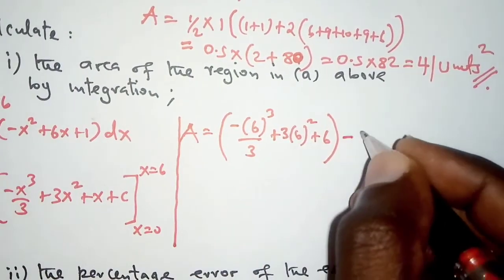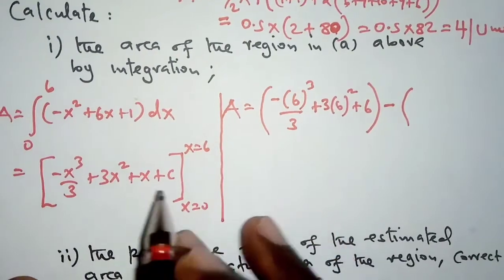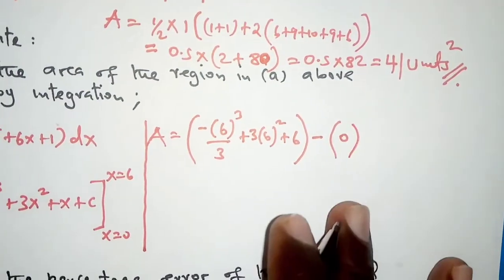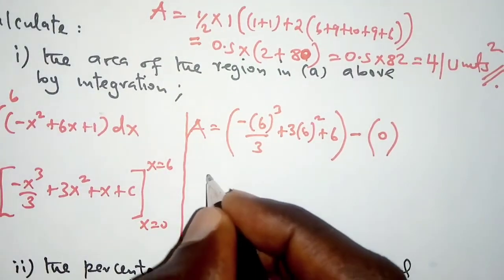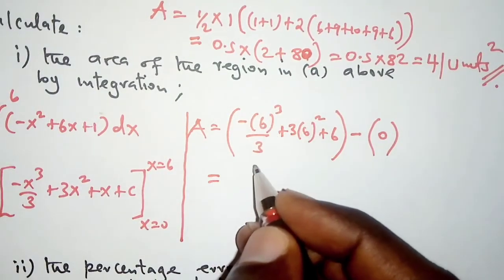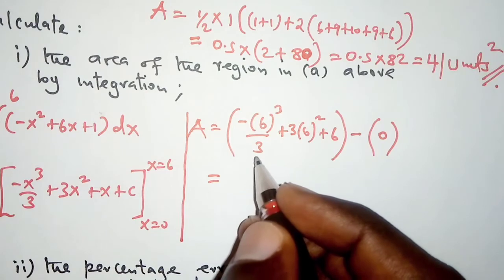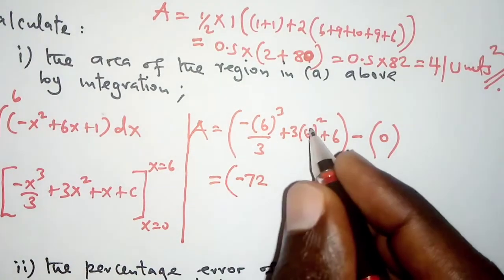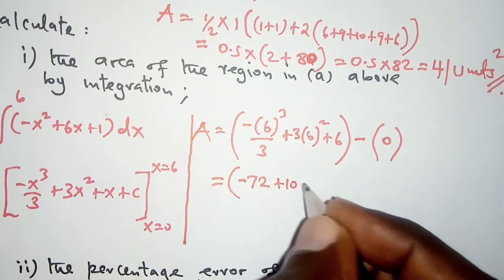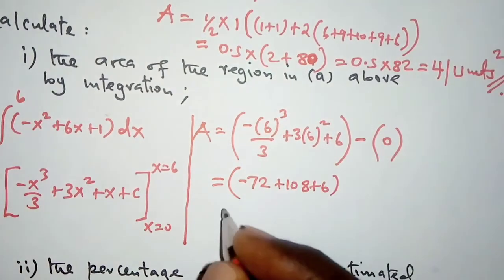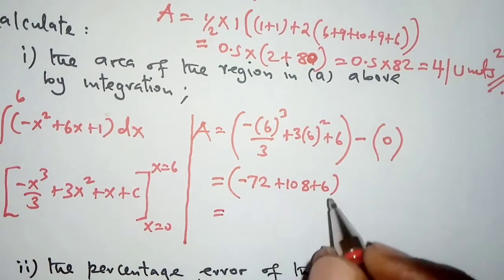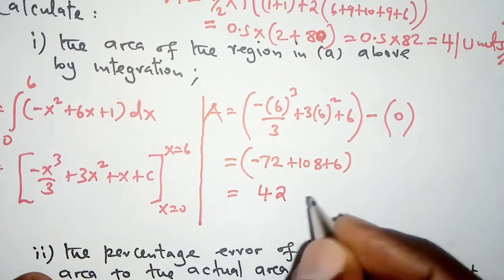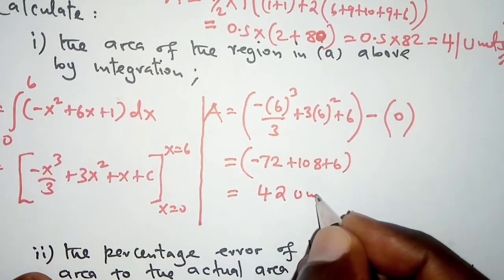Then when we substitute x for 0 here, everything will become 0, so we just subtract 0. At this point, this should give us negative 72, plus 108, plus 6. So this will be 114 minus 72, that is 42. 42 square units.